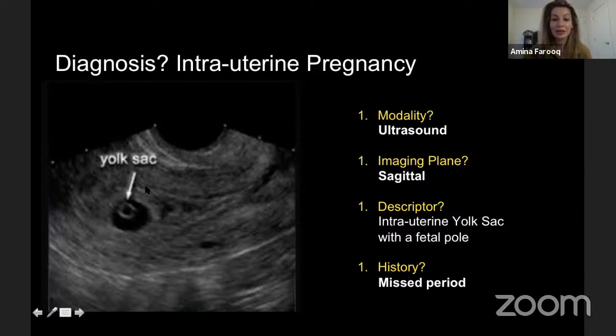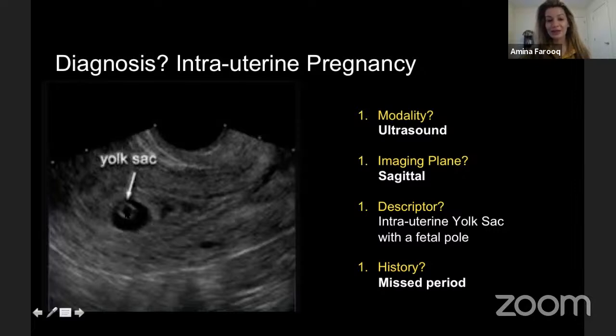Is the pregnancy in the right spot? Because sometimes the yolk sac can implant into different parts that aren't normal. They could implant into the cervix, they could implant into the fallopian tubes. And sometimes you have sad things happening where there is no fetal heart rate and there's an abortion. So we always have to be careful.